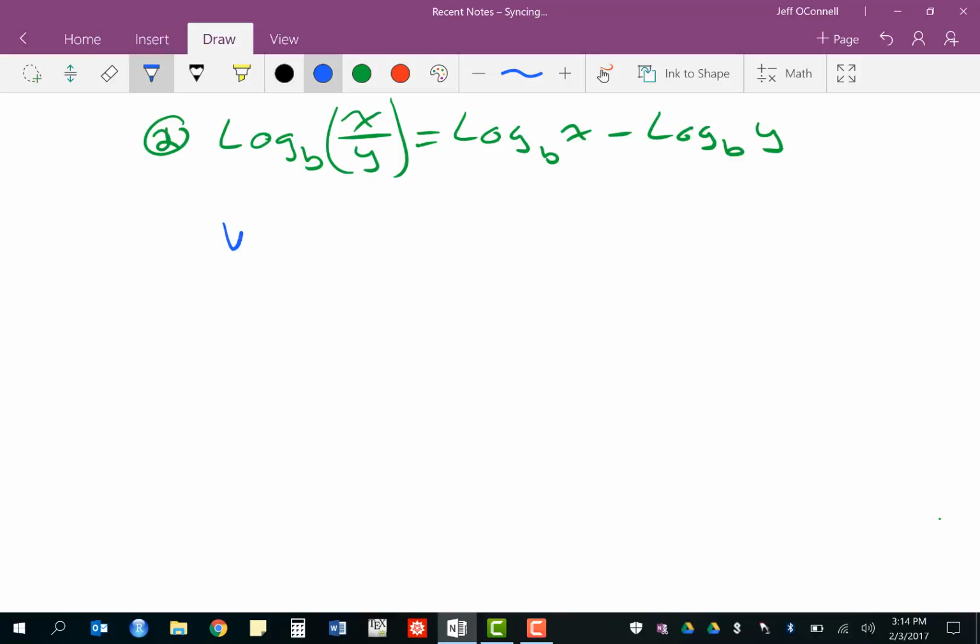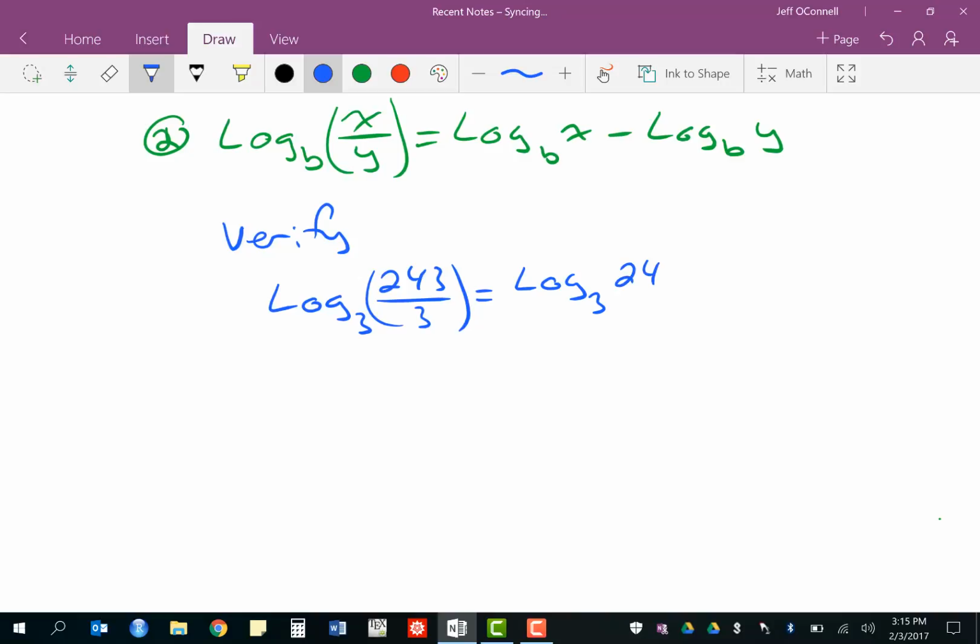So we would like to verify this. And what I'm going to look at to verify it is the log base 3 of 243 divided by 3. And if you check, 243 divided by 3 is 81, so this is the log base 3 of 81, so this should be equal to 4. So if the property is true, it should be the log base 3 of 243 minus the log base 3 of 3.